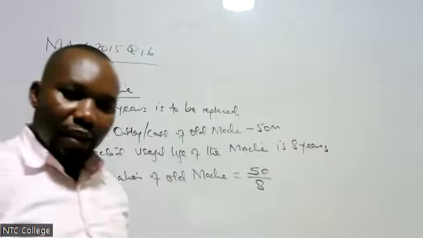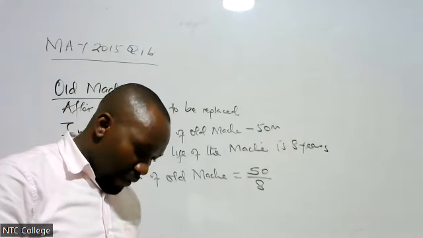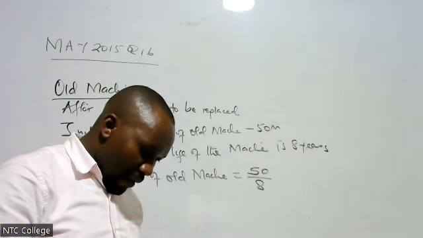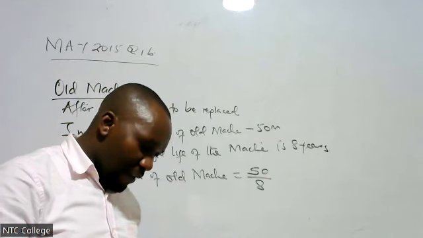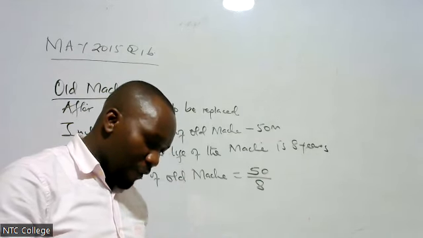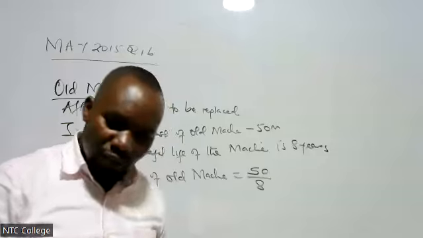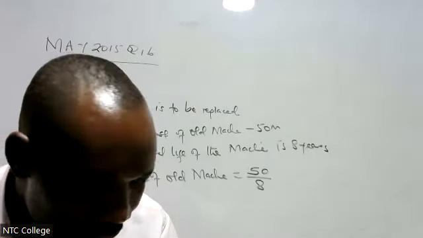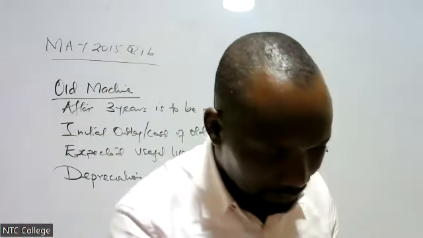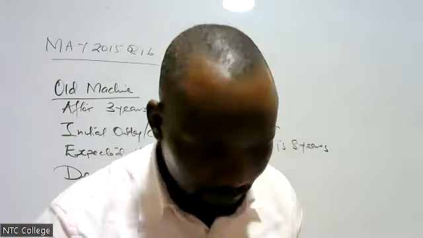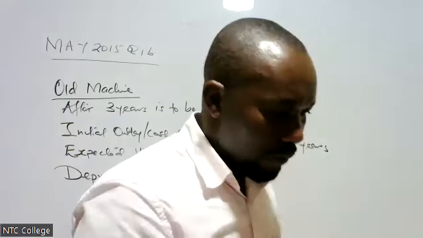Let me see if there is a scrap value. The machine is expected to have a useful life of 5 more years with no scrap value at the end. So there was no expected scrap value. What is the expected depreciation here, of the old machine?